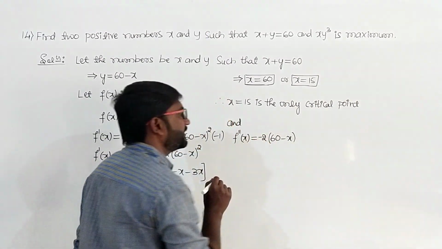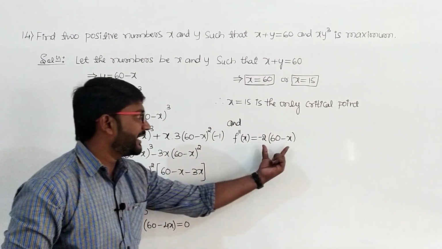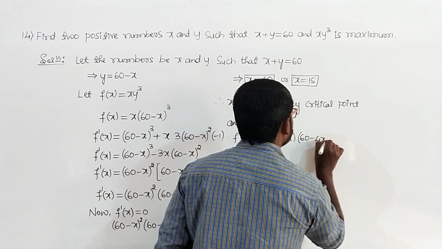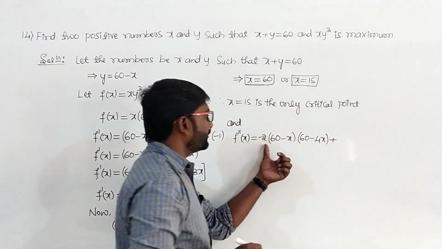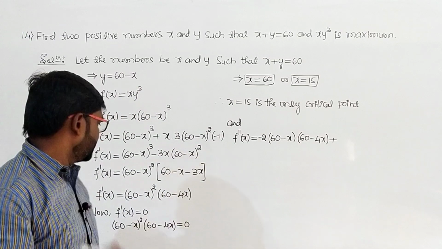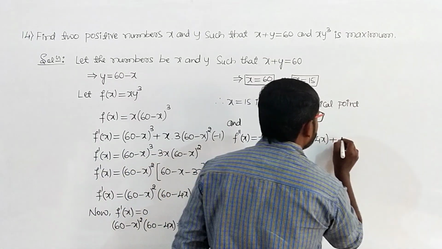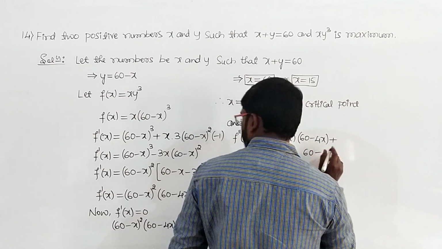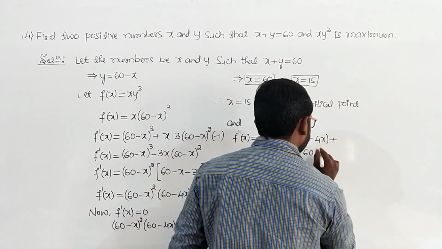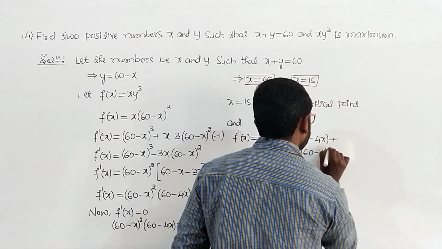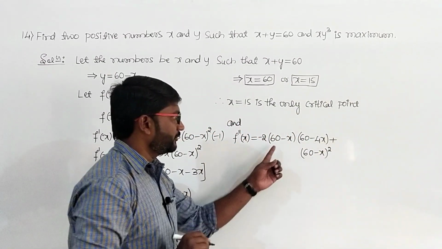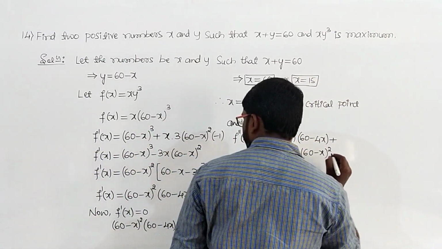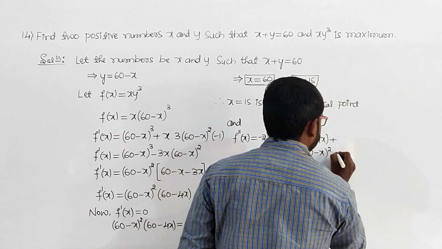So overall it is minus 2 times 60 minus x, u dash into v, 60 minus 4x as it is, plus u v dash. Write the first function as it is, 60 minus x the whole square. Now differentiate the second function. We get minus 4.